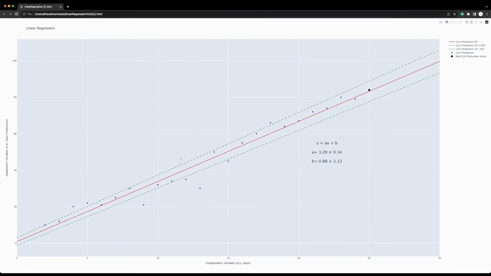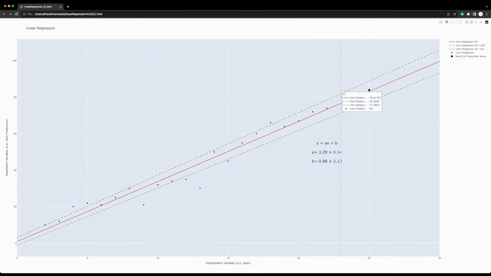Immediately, what you might already observe is that we have created a channel. We have created a range which we call an uncertainty range. When we are making the prediction at any day, let's take for example day 25, we are saying that we estimate that the number of cars that is going to be manufactured is 83.2, but the lower value that we expect is 77.5, and the upper value is 88.8.